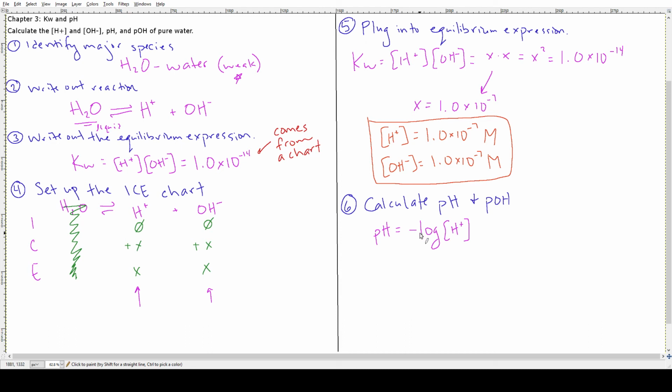So if I were to plug in 1.0 times 10 to the negative 7 into here, negative log of 1.0 times 10 to the negative 7, if I plug that in my calculator, I will get a pH of 7. So that's an answer. Let me put that back into my fun reddish-orange color.